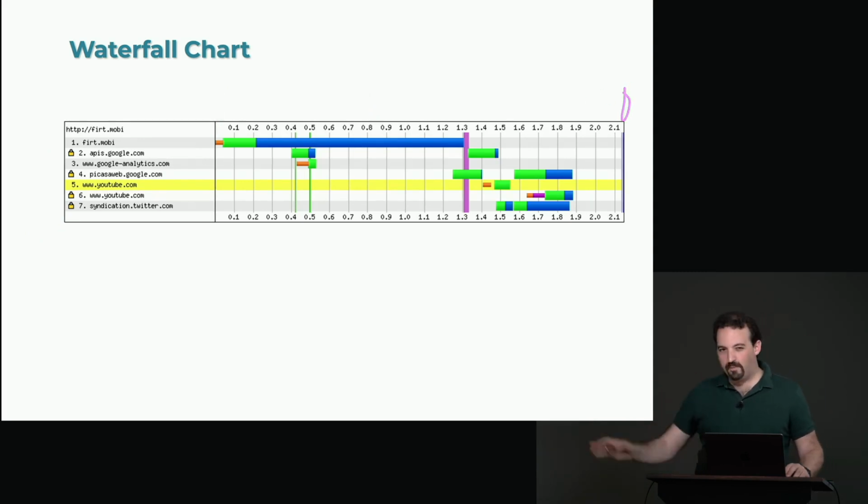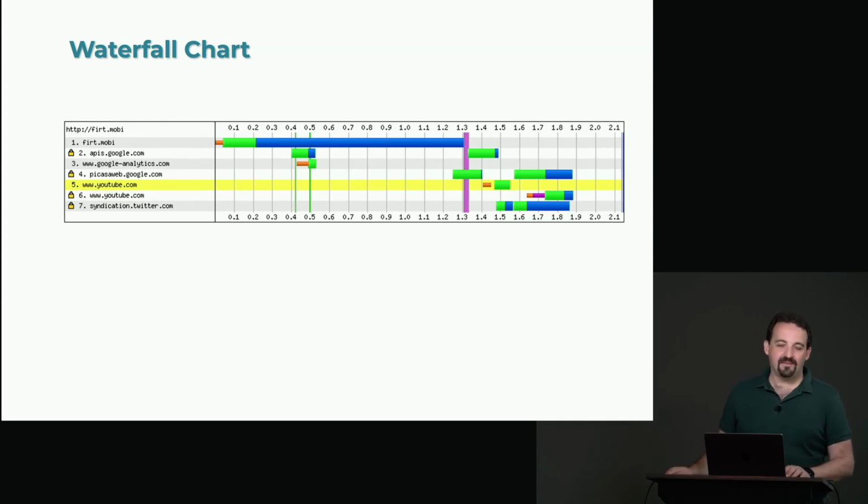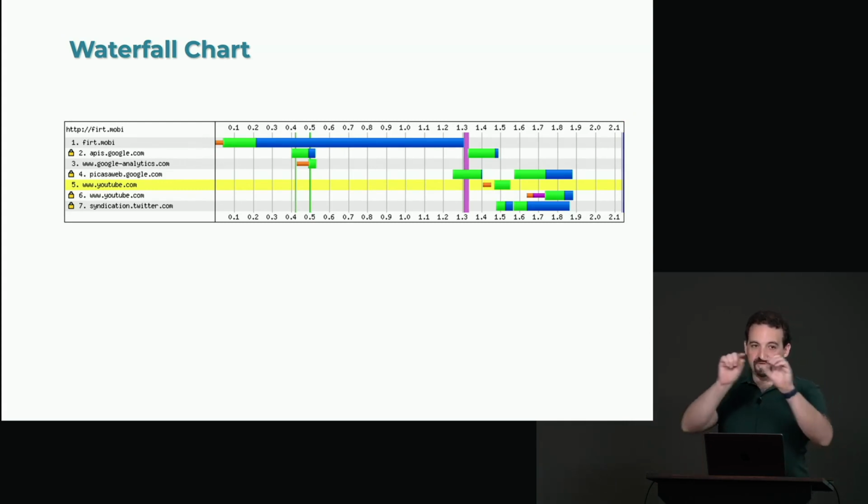It can also go over page load in case you have a client-side application. So each row is a different resource. What's a resource? A file. An HTML file, a CSS file. It can also be a WebSocket request. It's a request. We will use these charts a lot.